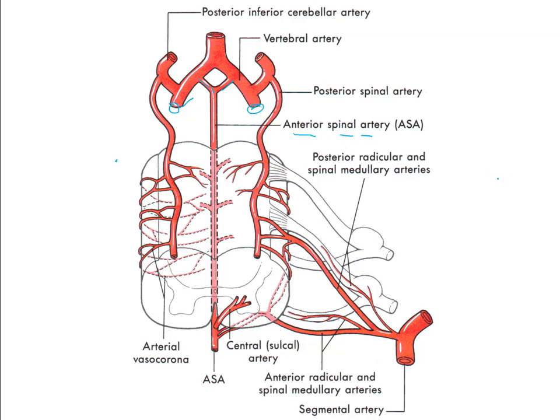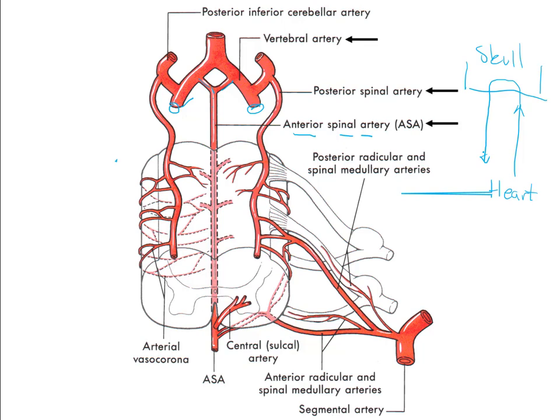So if you think about the path of blood, it has gone from the heart, inside the skull, and then down with the cord through the foramen magnum. When we look at it, you will see on the cord it is a tiny vessel.